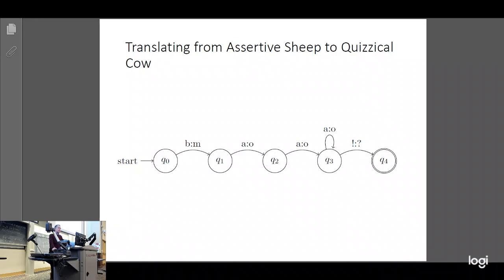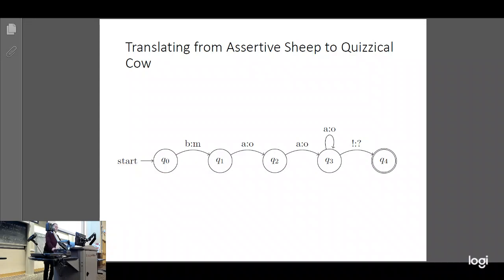Let's say we're tired of just talking to sheep, and we want to translate from sheep to cow. And if a sheep in my language says ba, a cow says moo. Or in this case, moo, because this is a cow who has lots of questions.